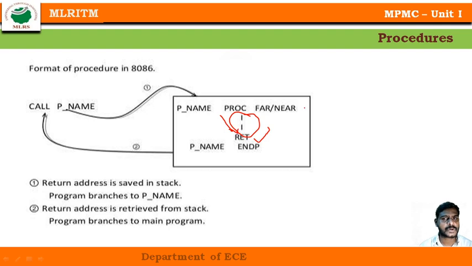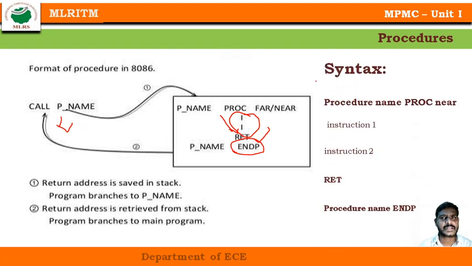The processor retrieves the next address of the main program from the stack, and ENDP tells that the procedure has ended and it will come back to the return address in the stack. The syntax is the name of the procedure followed by PROC, where you can write any name as usual, then your program, the return instruction, and ENDP telling that the procedure has ended.